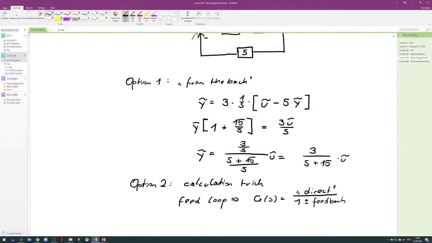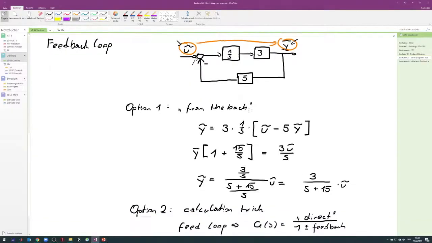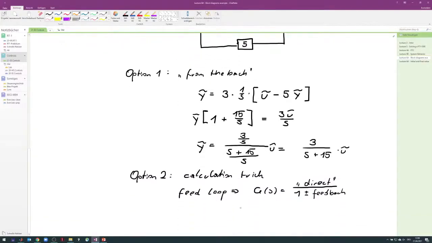Okay, so let us do this for this one here. If we go from U to Y directly, it is 3 over S, right? This is 3 over S.